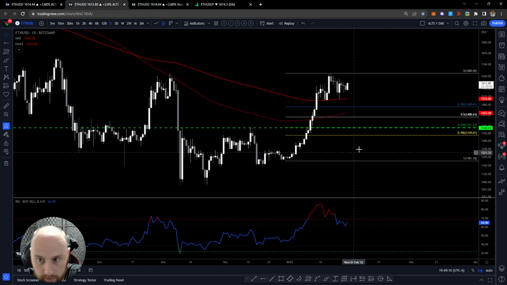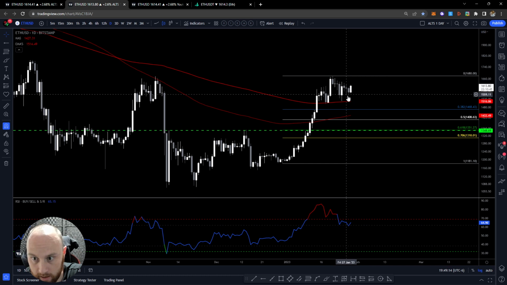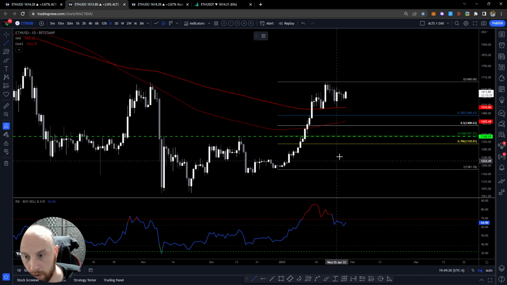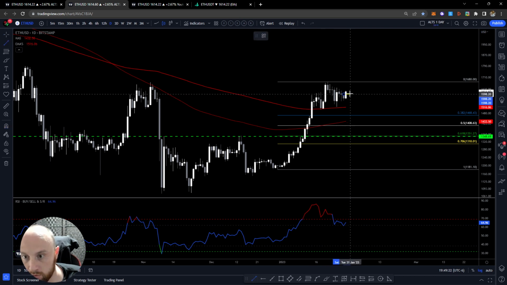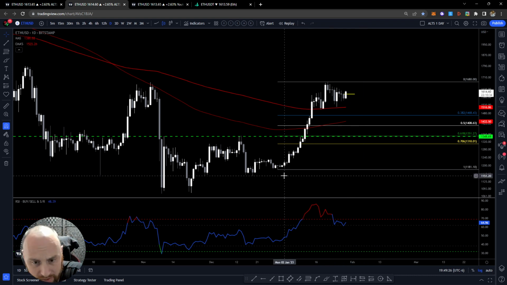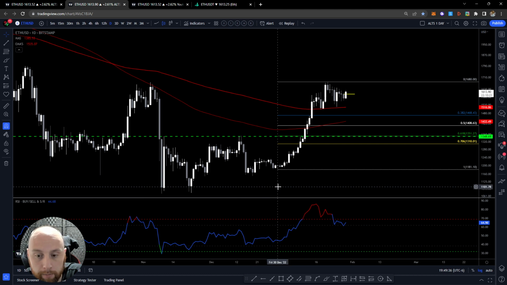Going back to the daily here, this is looking really good. We want to see how this closes. If we close above this 1600 here, that would be a bullish engulfing candle. And typically on Ethereum in particular, daily bullish engulfing candles have been very, very profitable over this entire bear market.